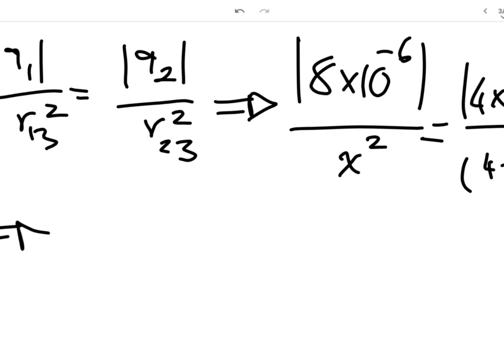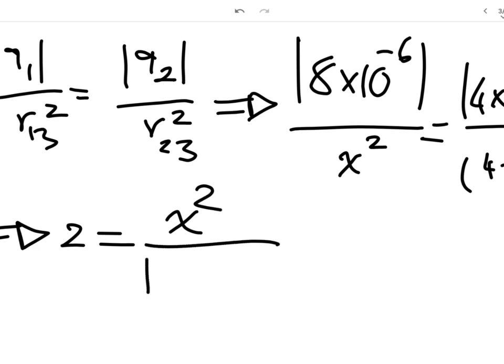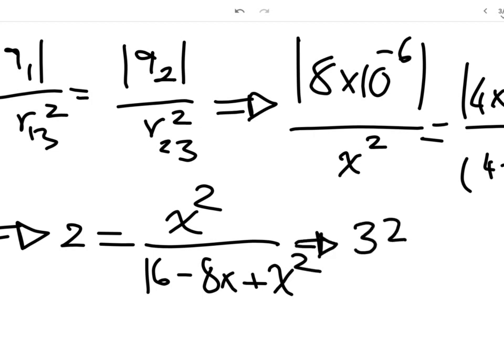And that will give you 2 is equal to x squared over 16 minus 8x plus x squared. After that you'll get 32 minus 16x plus 2x squared equals x squared.